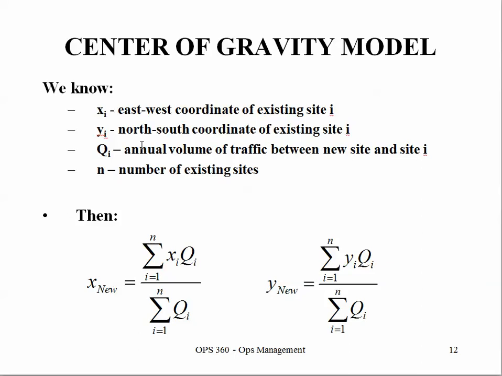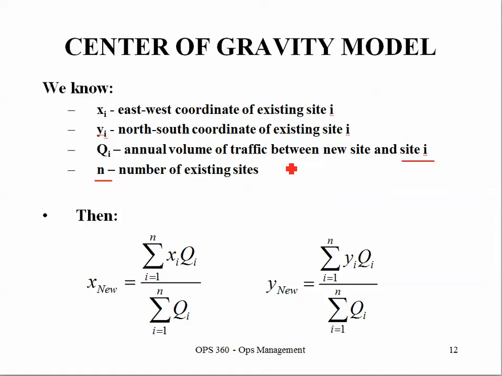So let's suppose that we have the east-west coordinates for each of the existing demand and supply sites I, and the north-south coordinates for each of the existing demand and supply sites I as well. And we also know the annual traffic volume, or annual flow of traffic, between our new site that we're proposing to locate and each of the existing sites I. We have a total of n existing sites, again both demand and supply sites.